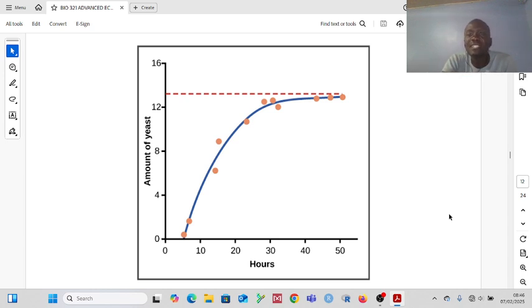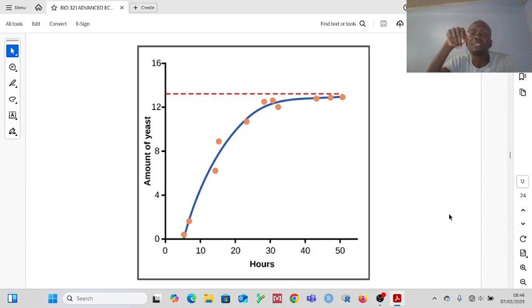But as you will realize, as you get closer to the carrying capacity, it's possible that the numbers will begin to increase and drop again. Okay, so it will be hitting the capacity, dropping a bit and hitting again, and dropping a bit and hitting again. So the logistic curve is not that once it gets to the carrying capacity, it remains smooth. It can hit up and down, because some individuals will die, then the population decreases.